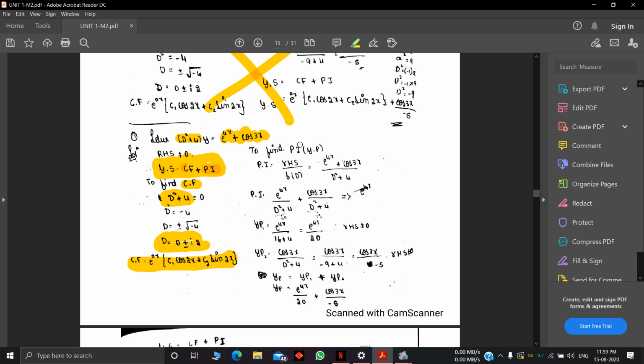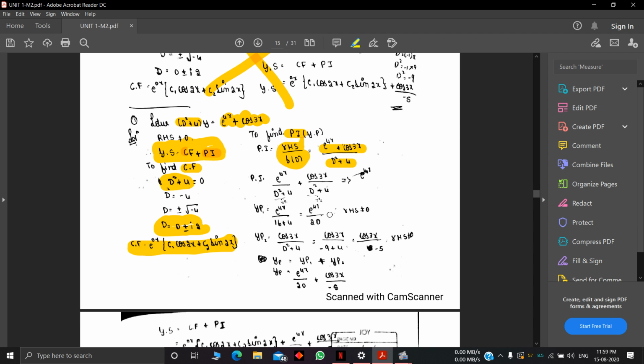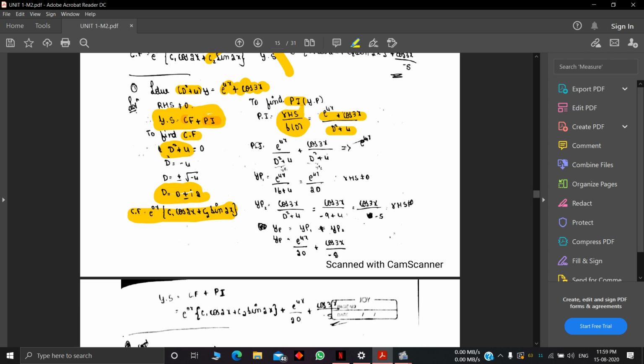And to find the PI, we are using the same RHS by function of D formula, and the function of D, as I said, was the auxiliary equation side of the LHS.